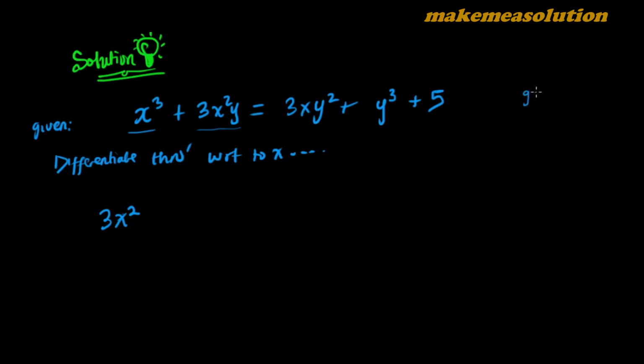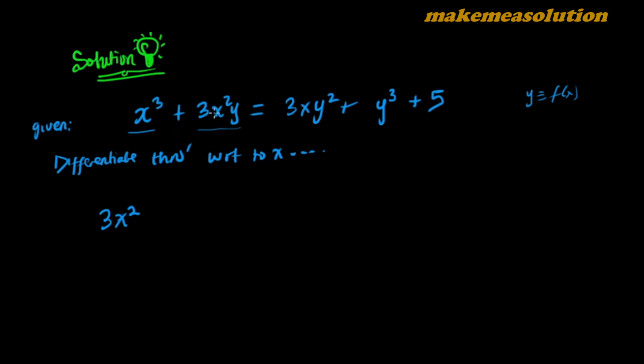That is why we are going to apply the product rule on any terms that are considered to be product terms. Product terms are mixtures of x and y. So anytime you see those terms, you apply what?